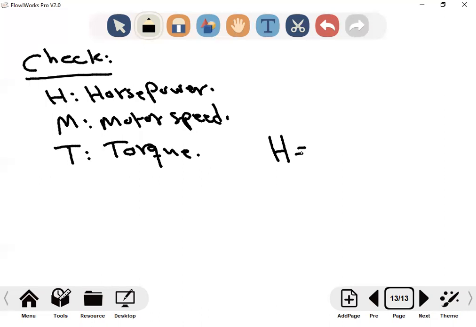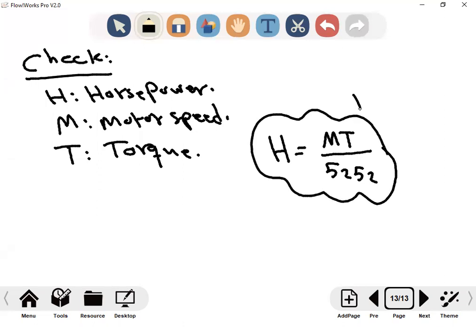Motor speed we call it M and the torque we call it T. So M multiply T, divided by 5252, مش هيك؟ Which one? Now if you take a look at the other three choices, they switch between them. They put the numerator down, they put M and T down and up. يعني they mix it. Okay? Done.